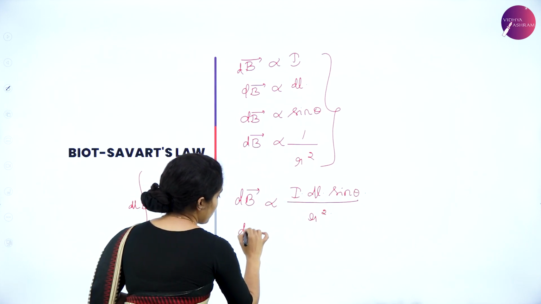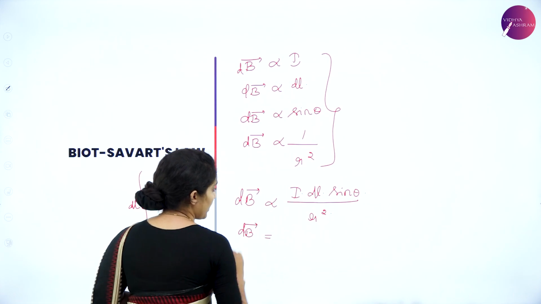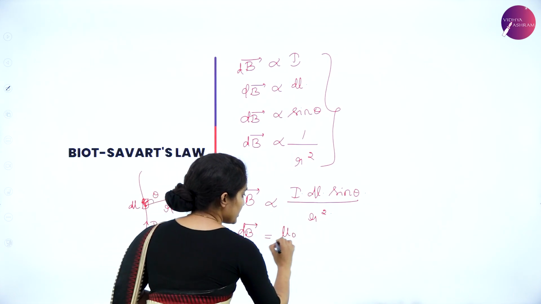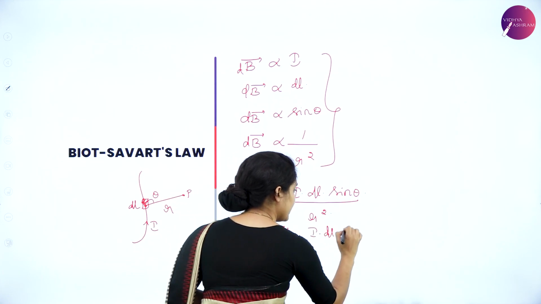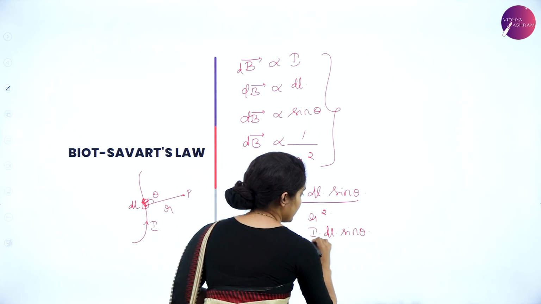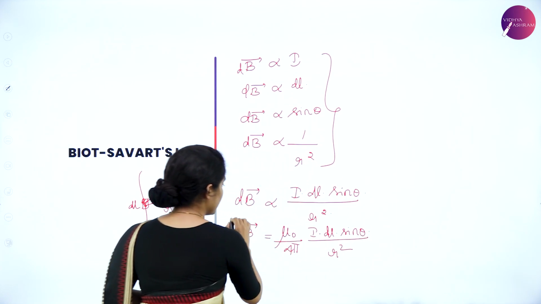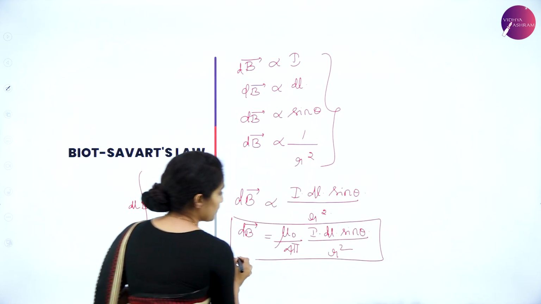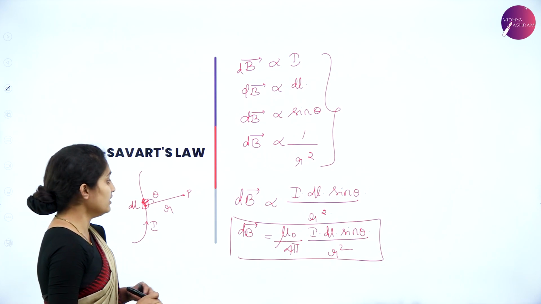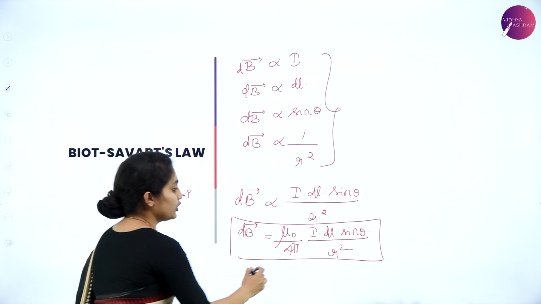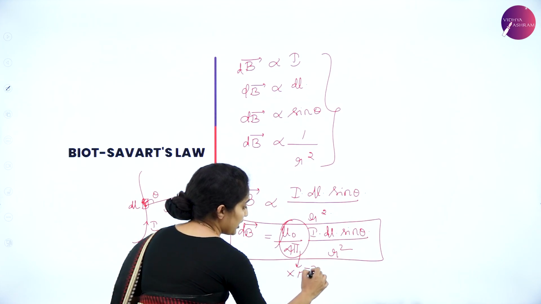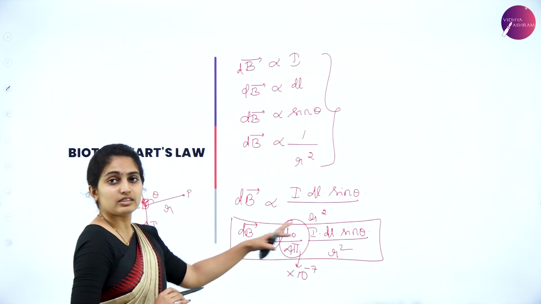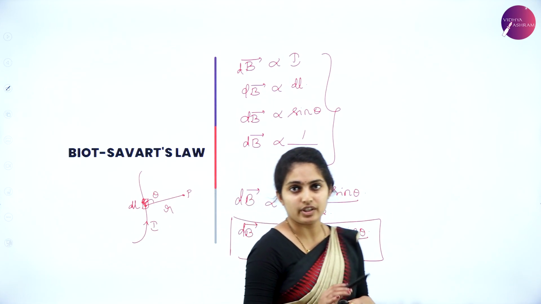On removing the proportionality constant, dB is equal to a constant term mu naught by 4 pi times I dl sine theta divided by r square. The value of mu naught by 4 pi turns out to be 10 to the power of minus 7. This is the concept of Biot-Savart's law.